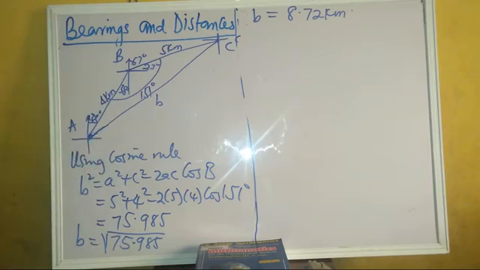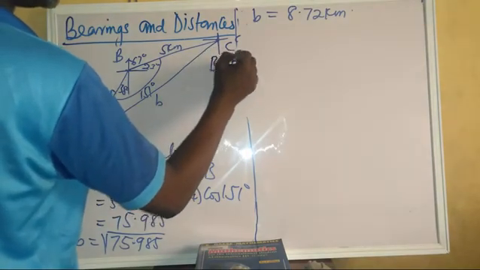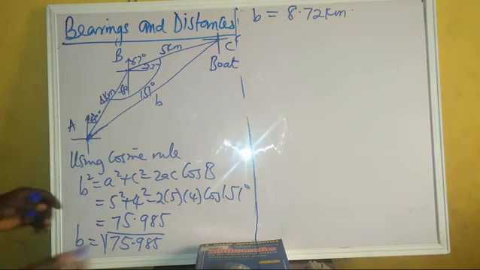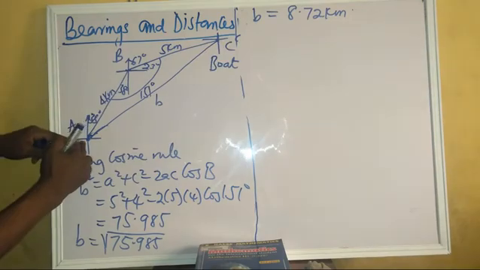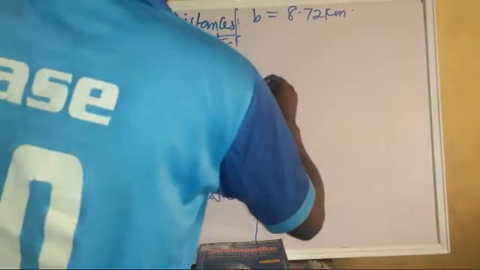Now, the next question says, calculate the bearing of the boat from its starting point. This is the boat. This is the starting point. And I told you when you want to find the bearing of one from the other, you are finding the bearing of C from A, the starting point. Let me draw that to make it clearer to us.